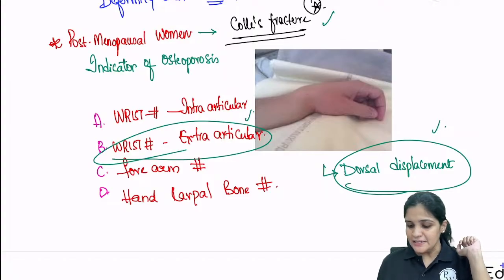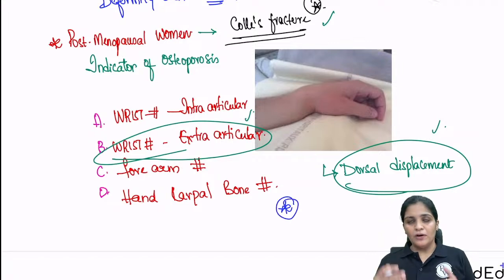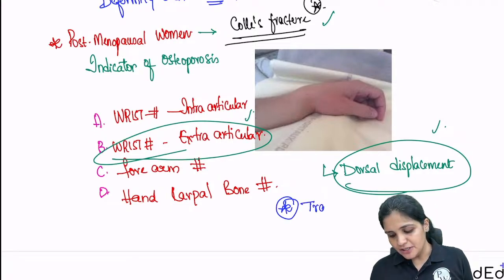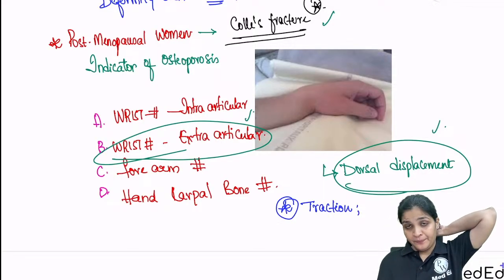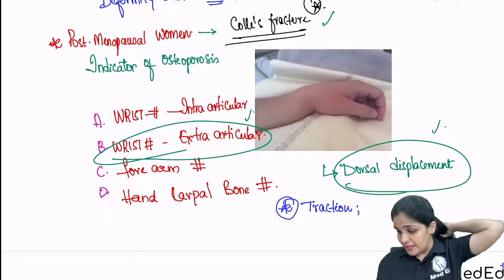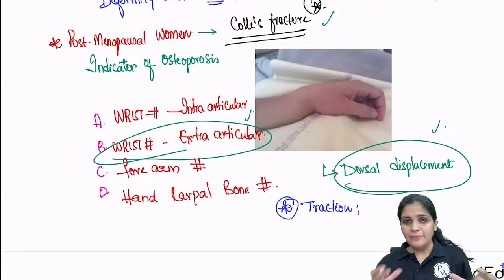Yes, the cast is handshaking cast, that is fine. But what are the steps? How do you put the cast? First you give the traction. Then what is the maneuver?